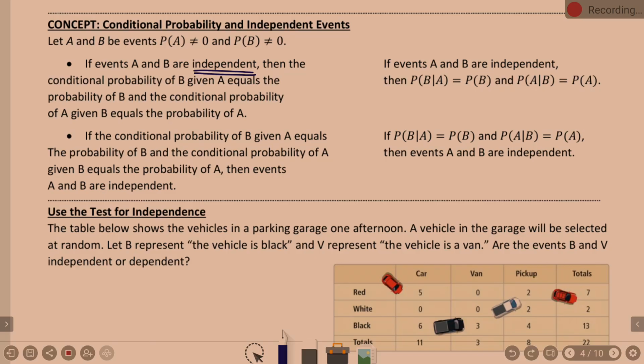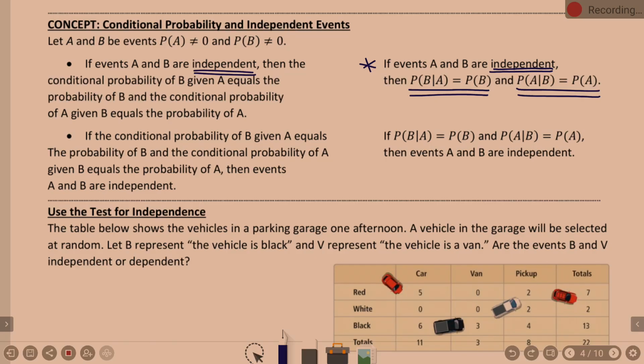Okay, let's get past the gibberish. Let's look at it in simpler terms. Much easier to understand over here, I promise. If events A and B are independent, 2 things must be true. The probability of B given A must equal the probability of B, and the probability of A given B must equal the probability of A. If those 2 statements can be found to be true, then we have proof that the 2 events are independent.